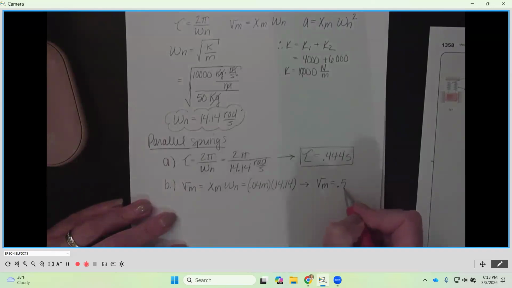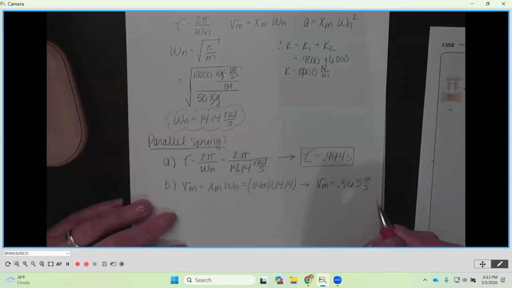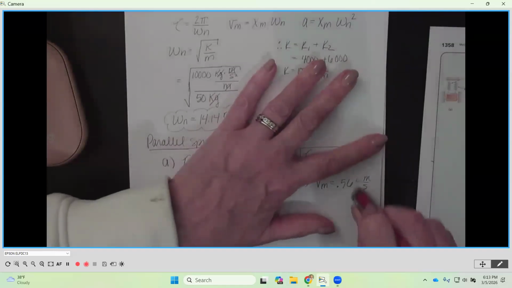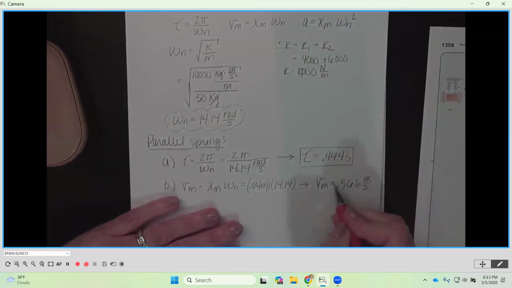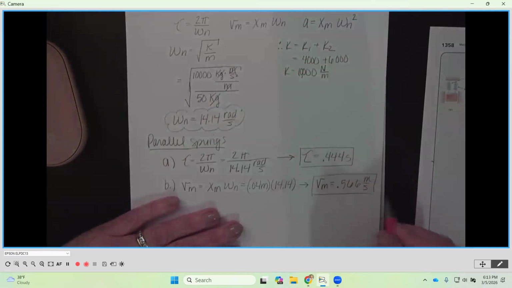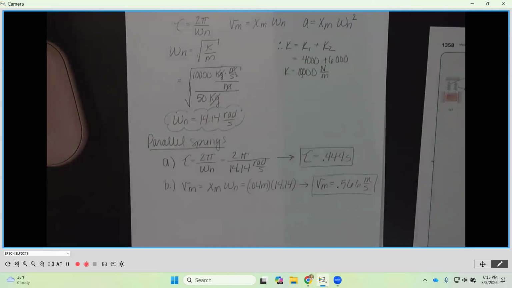Yep, 0.565 meters per second. Maybe I should do the 0.566, huh? Down, because yours would round up. I don't have that fourth decimal in front of me.